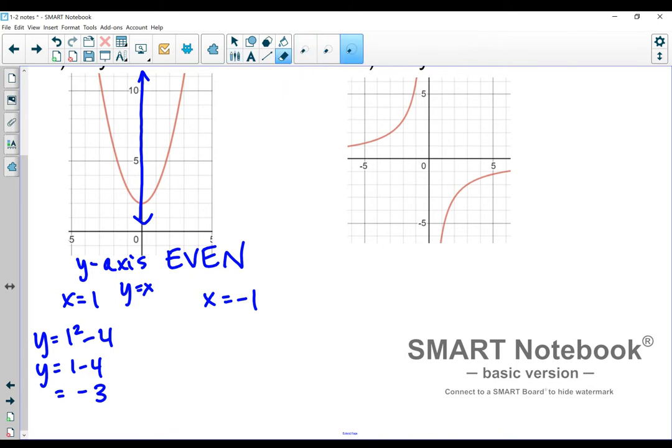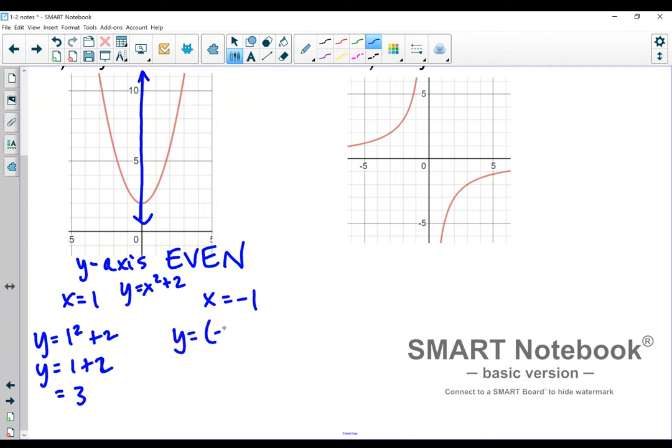So if it is x squared plus 2, I think I'm actually going to get a positive 3, interestingly enough. So x squared plus 2, so 1 squared plus 2, glad I double checked, 1 plus 2, so y equals 3. And then if I have a negative 1, I would have y equals negative 1 squared plus 2. We know negative 1, the quantity squared, is also 1, plus 2, and so we get 3 again. So because these are exactly the same, we have y-axis or even symmetry.